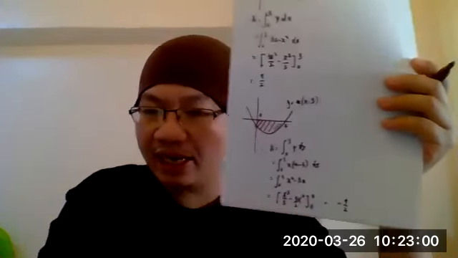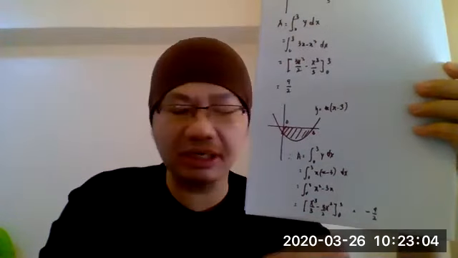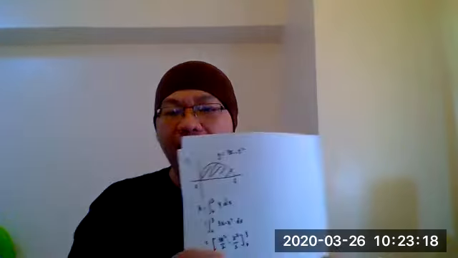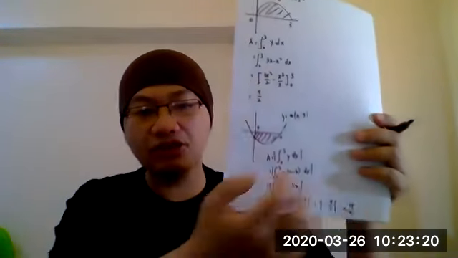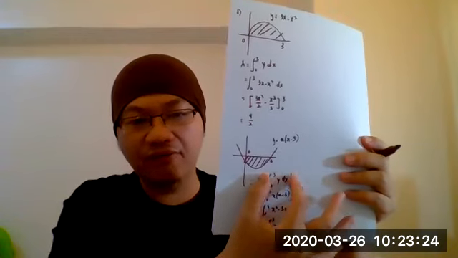But the problem is area cannot be negative. It is similar for volume. So we cannot have the answer in negative. That's why we put the modulus from the start. Whenever you get a negative answer, you must put the modulus from the start of the formula, from the first step.